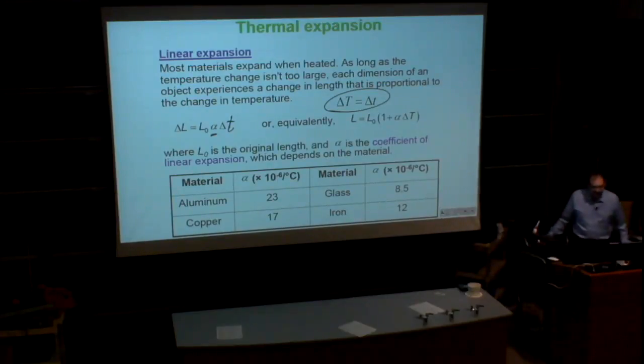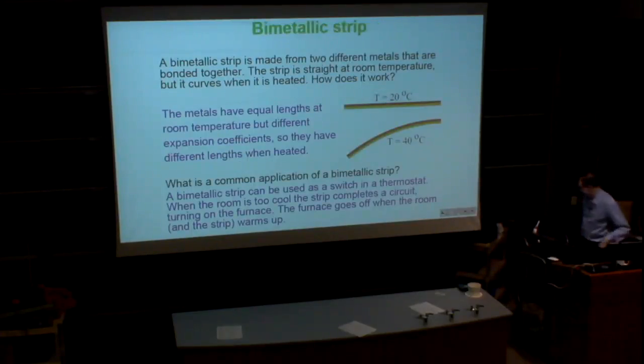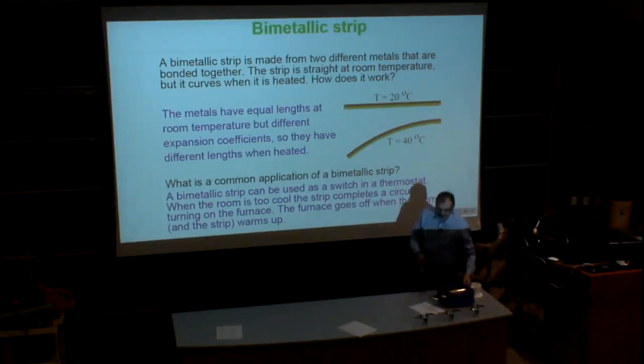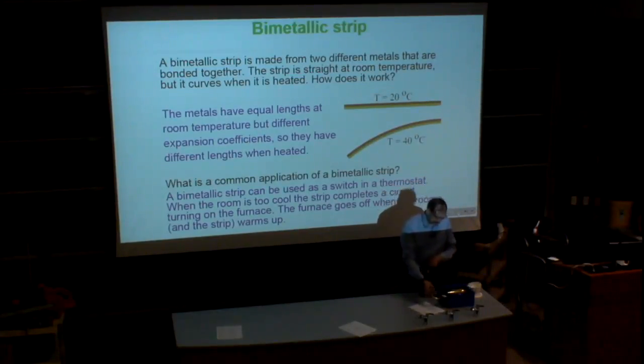Now, this is a very common demonstration. When we heat up a single metal, because the coefficient of linear expansion has an exponent of -6, it's very, very difficult to measure. But what we can do is weld together two different metals, brass and aluminum, for example.